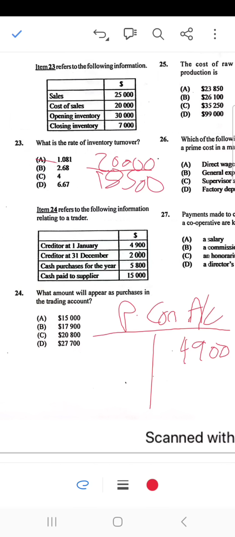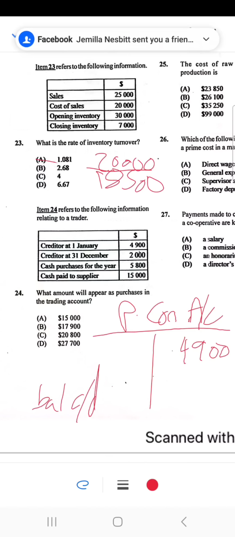The balance carried down at the end of the year will be on the debit side. Remember, that balance at the end of the year, it's a balance brought down of 2,000, which should be on the credit side. For a balance brought down to be on the credit side, the balance carried down has to be on the debit side. So the balance at the end of the year, the balance carried down, will be here on the debit side.